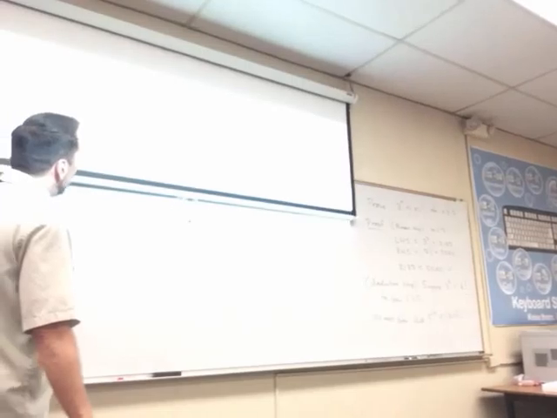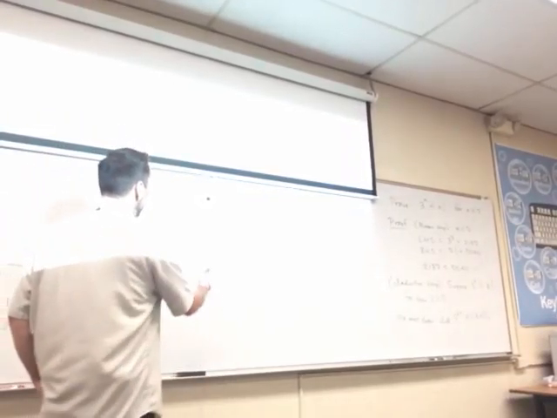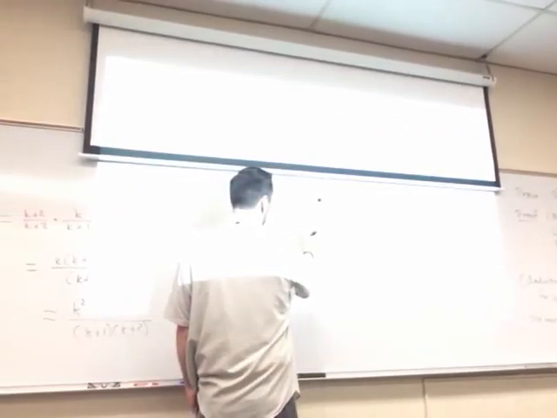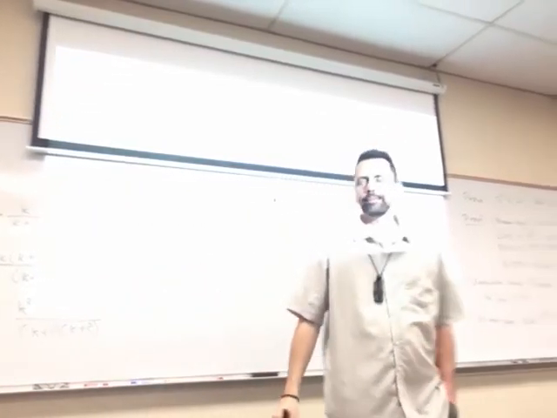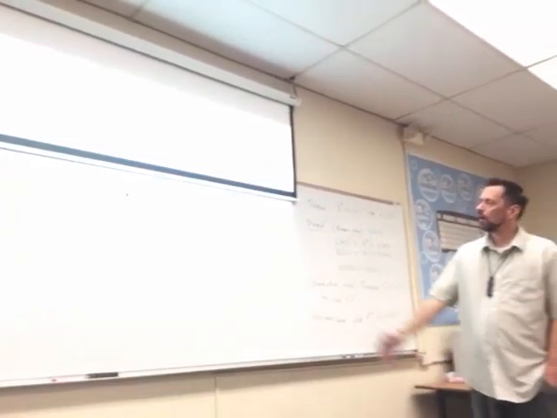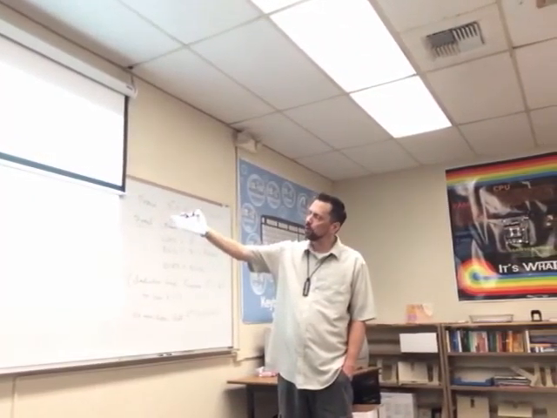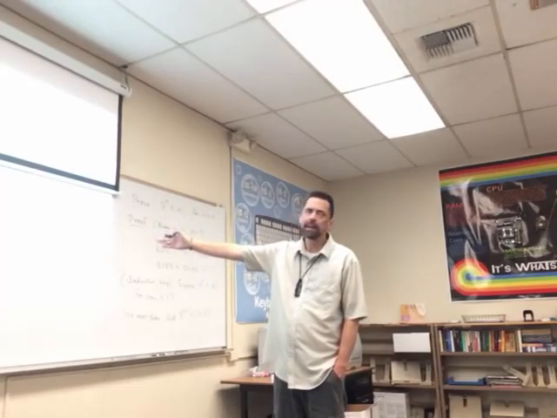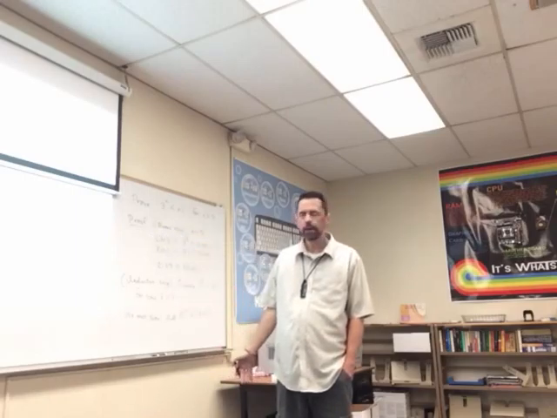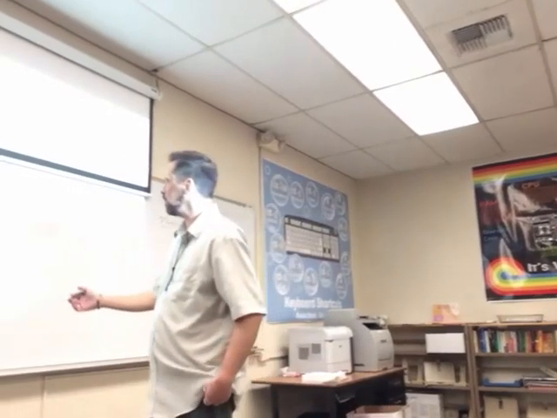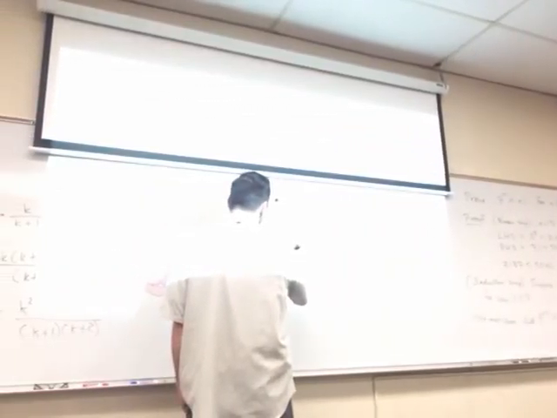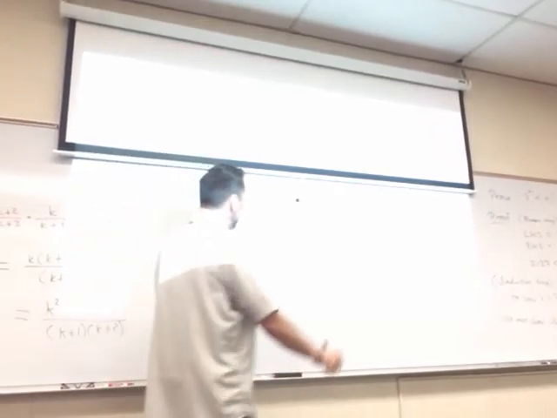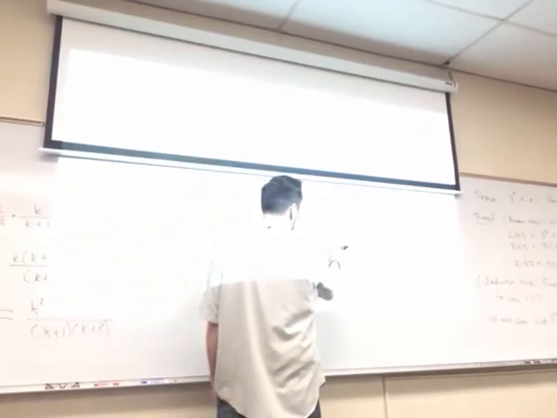Let's see. So I think what we want to do is start with 3 to the k plus 1, and using a string of equal signs and less than signs, eventually get to k plus 1 factorial. So I think what I want to do is this. 3 to the k plus 1 is equal to 3 times 3 to the k, isn't it?